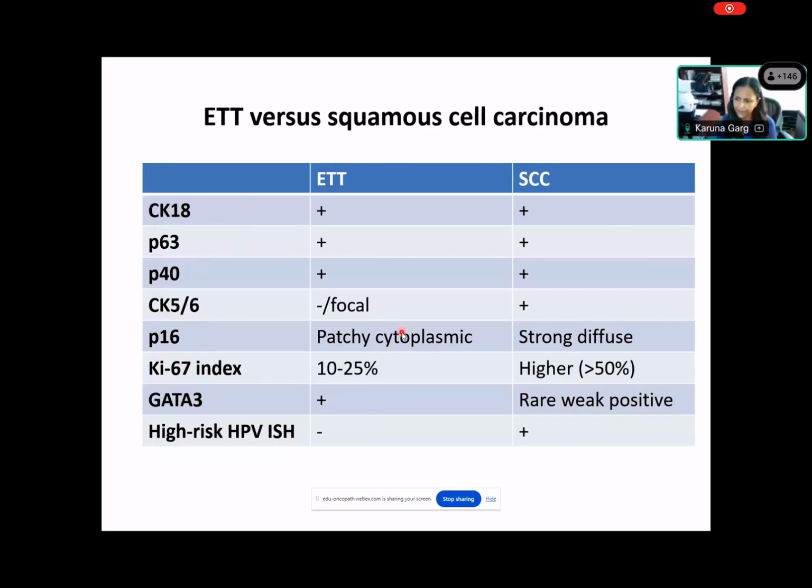ETT is not P16 positive. The Ki67 of a squamous cell carcinoma is higher. GATA3 will be diffusely positive in an ETT. There will be weak staining for GATA3 in a squamous cell carcinoma. And if you have a high-risk HPV in situ hybridization, and it's positive, that will really clinch it as being a squamous lesion of the cervix.